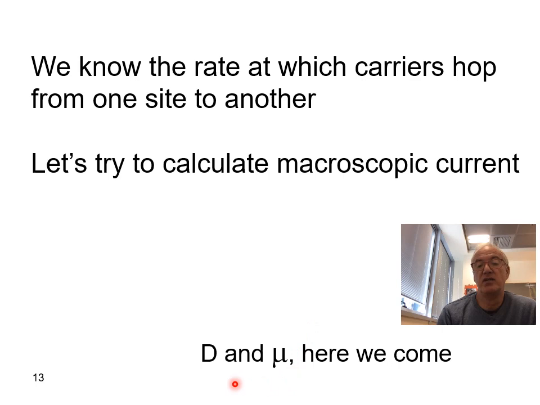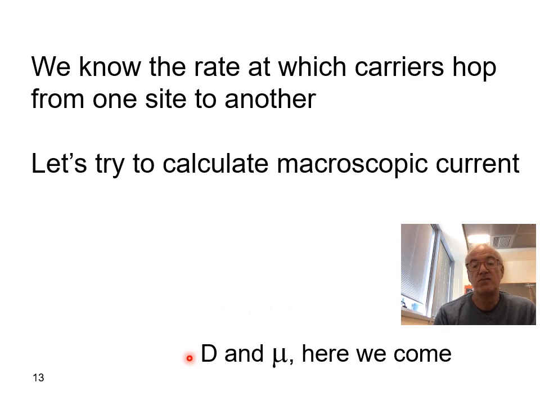Because at the end of the day, if we are going to simulate devices or to learn how devices work, we need to use D and mu. There's almost no way around it, because if you try to apply ab initio calculations every time you want to understand a device, you will never understand anything.